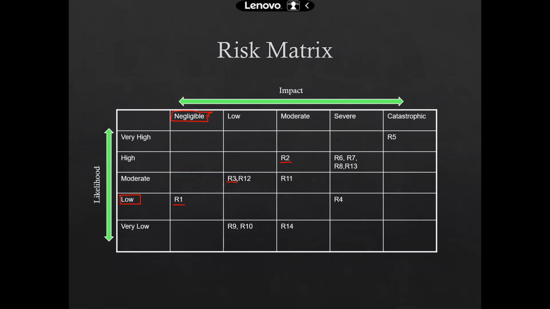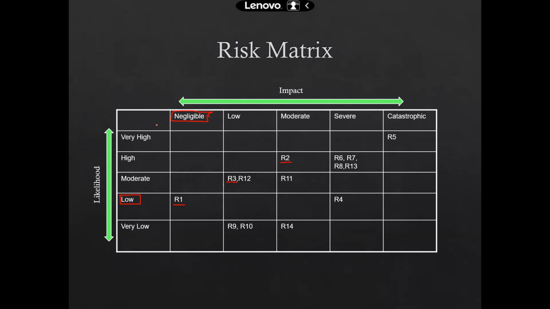Similarly, we can list down all the risks over here, according to your perception of the likelihood of occurrence of each of the risks and what impact each of the risks might carry, right? So we can put all the risks in this matrix.